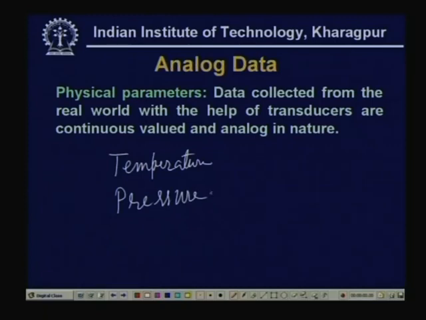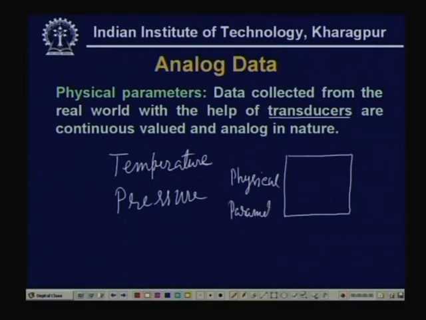these are all analog in nature, and these analog parameters are usually converted to electrical form with the help of transducers. Transducers are essentially some kind of energy conversion device. So, on this side we apply a physical parameter, it can be temperature, pressure, say light intensity.